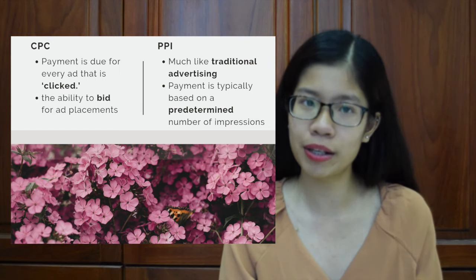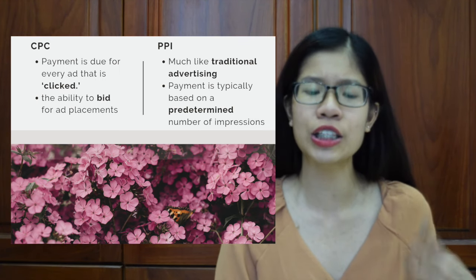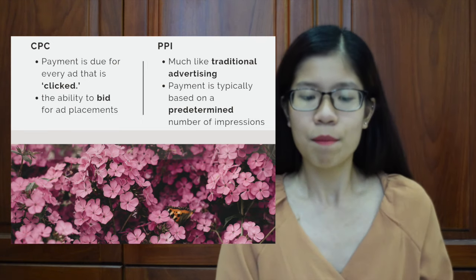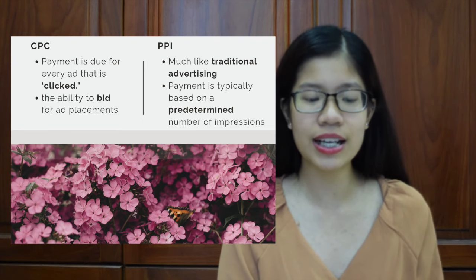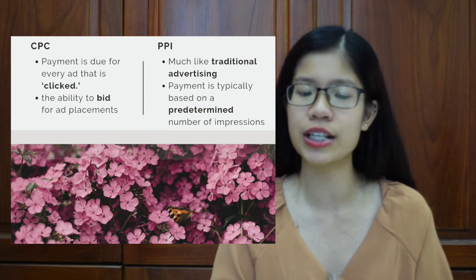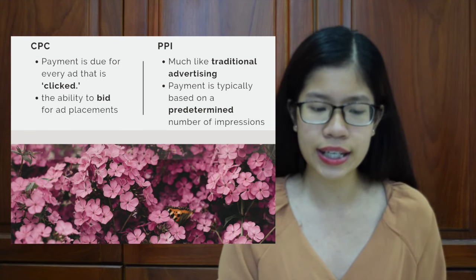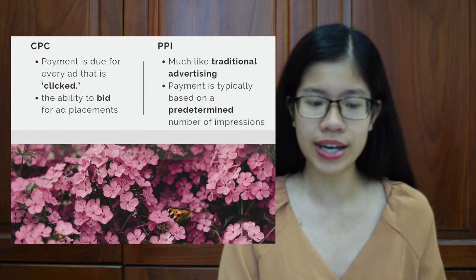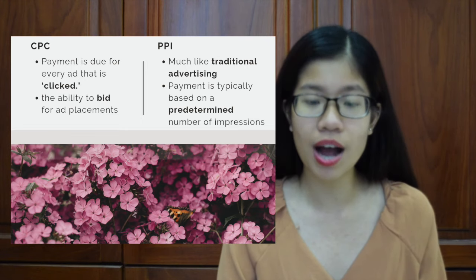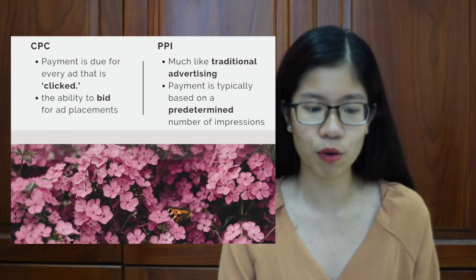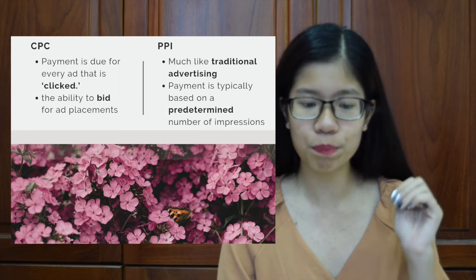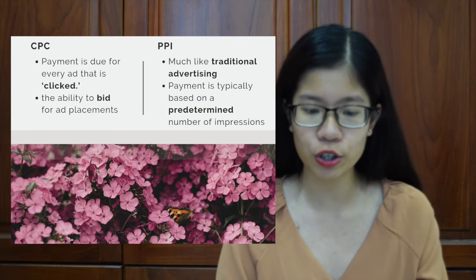The cost per mille, CPM, is slightly different from PPC. Much like traditional advertising, the display of an ad impression is nothing more than a single appearance of an ad. Viewers are not required to take actions, for example clicking the ad, in order for payment to be due.